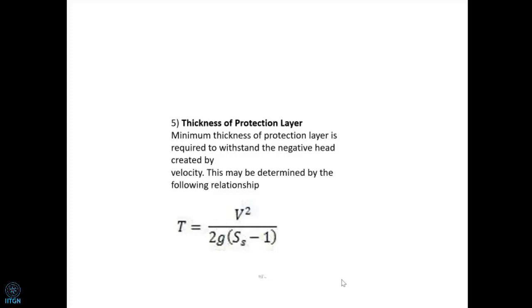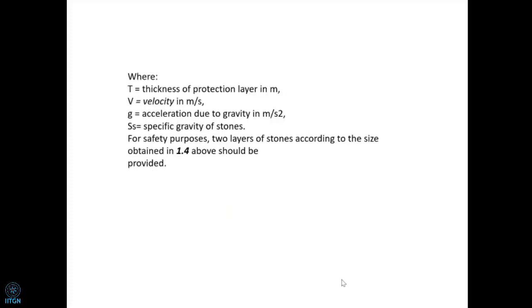But even when you arrive at the thickness of the stone, there is a thumb rule which says in slopes we have to use at least twice the thickness we calculate for protection. That's a factor of safety. So you arrive at the thickness, and at least you have to use twice that thickness. Here all those factors are explained and I have also told you.